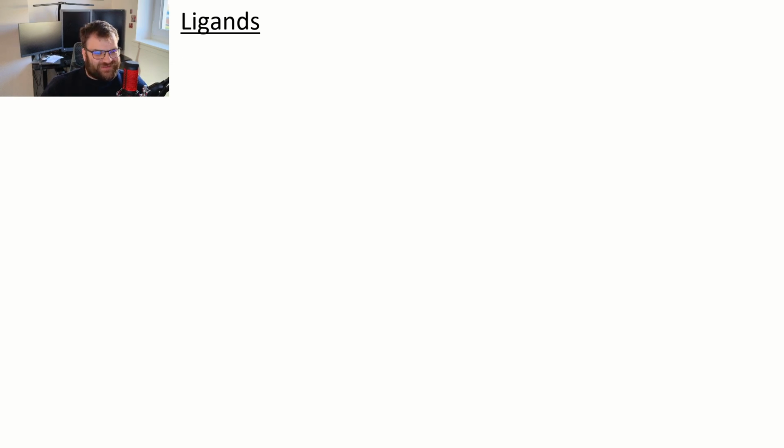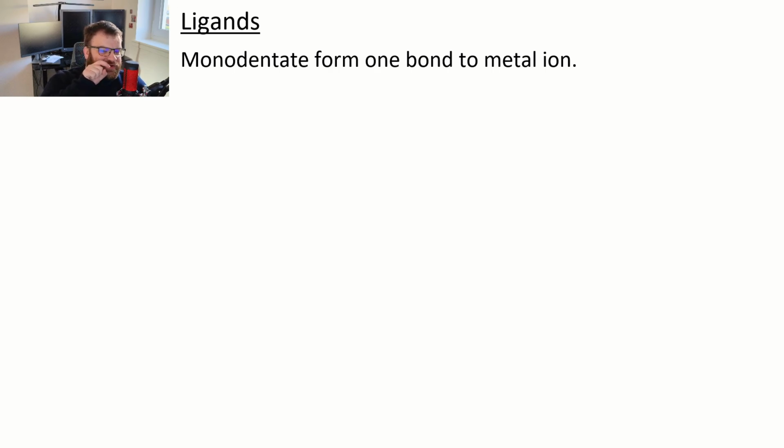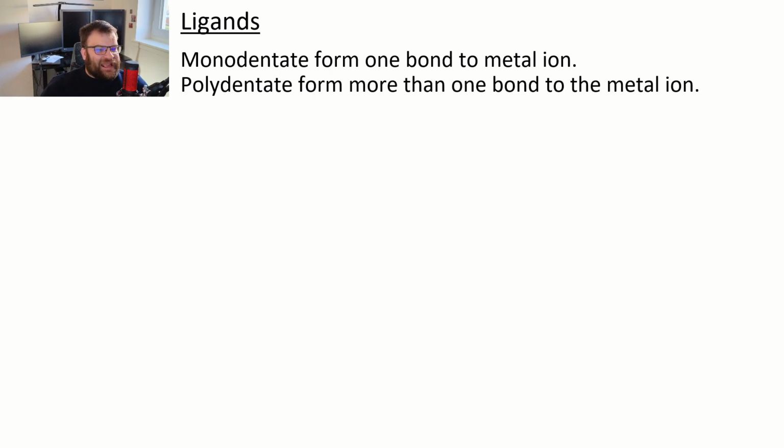Ligands can be classified in terms of how many bonds they can form with the metal. You have monodentate ligands, which form one bond to the metal ion. Mono for one, dentate is talking about tooth, because it can make one connection to the metal, described as monodentate. Any chemicals that can form more than one bond would be described as being polydentate.